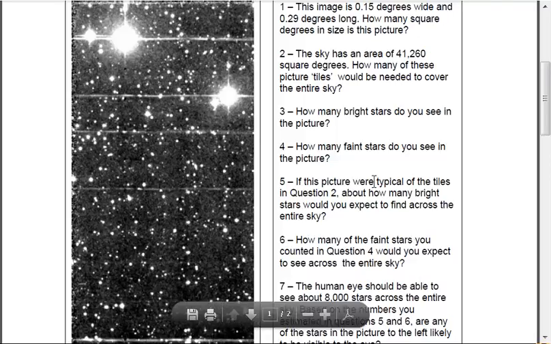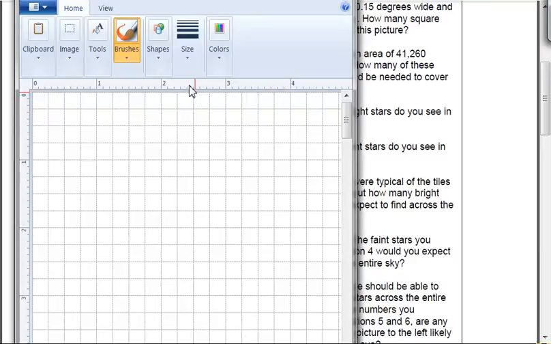Just wanted to give you folks a heads up on one of these problems, a little bit of extra help. Basically, the first part of this problem is saying this image is 0.15 degrees wide and 0.29 degrees long. The reason we didn't say inches is because this represents what you see when you're looking up at the sky.